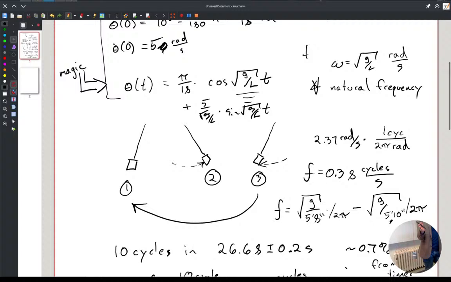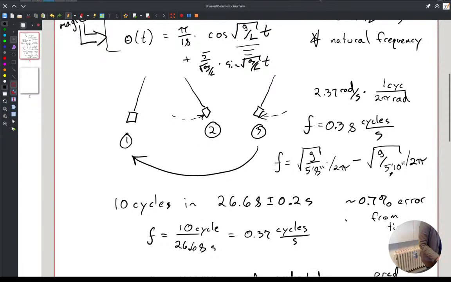So we could say anywhere from 5/8 to 5/10 is probably about what we're seeing here.